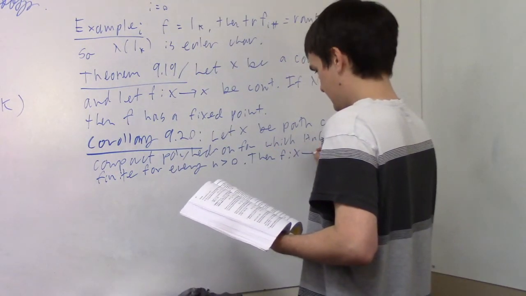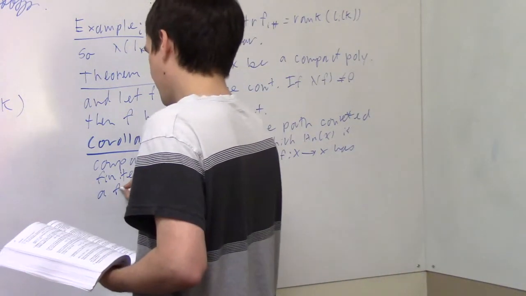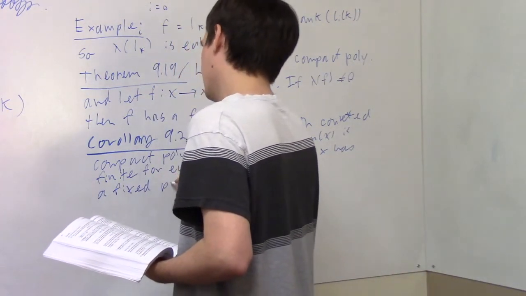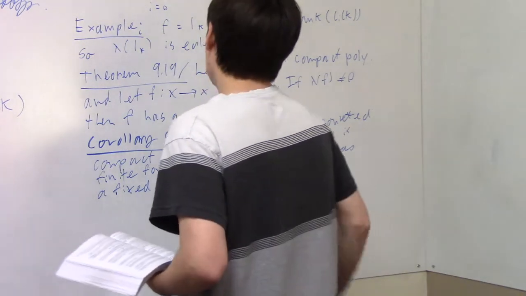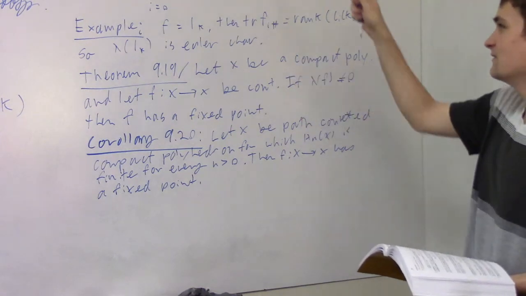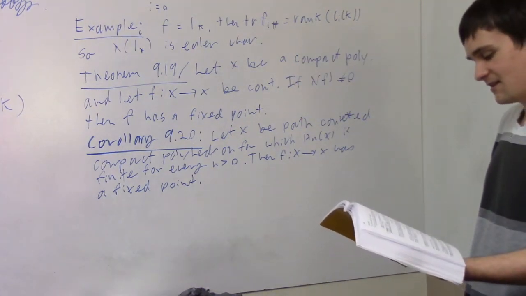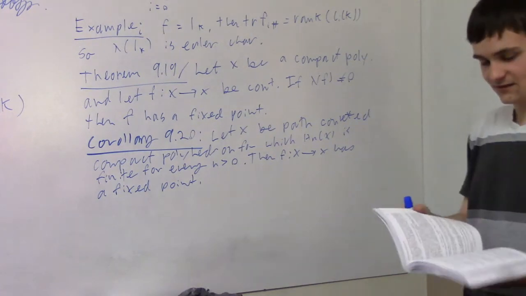Then f from X to X has a fixed point. So rather than characterizing it with this kind of bizarre Lefschetz number, this is an easier characterization to do in practice.